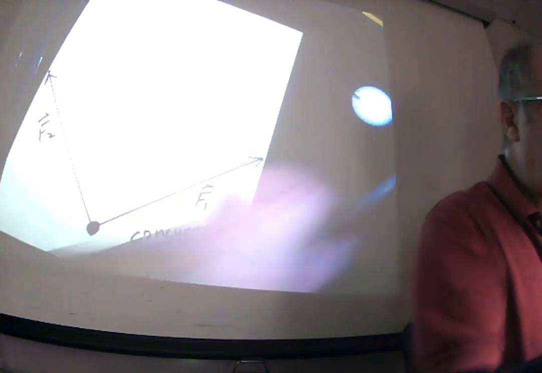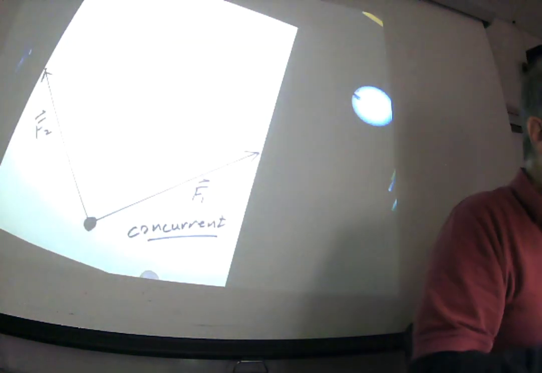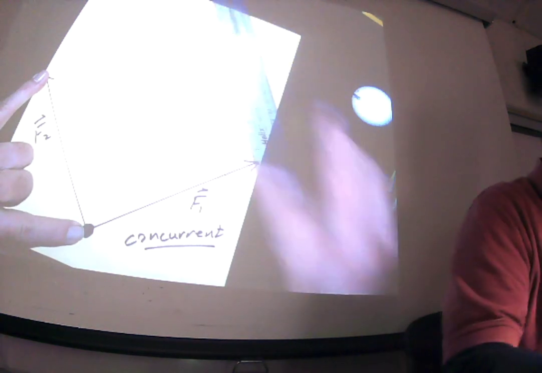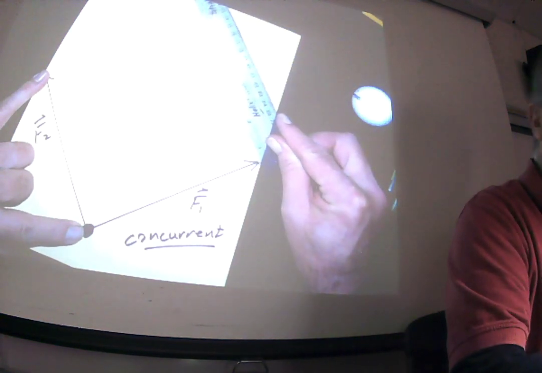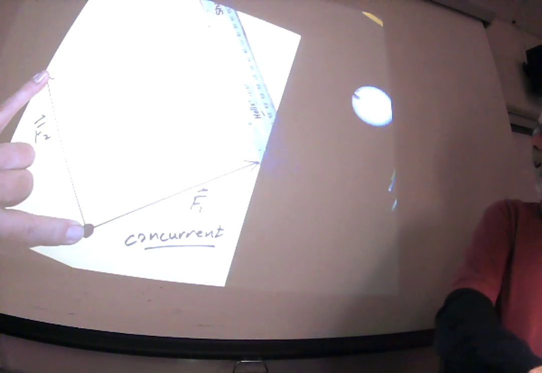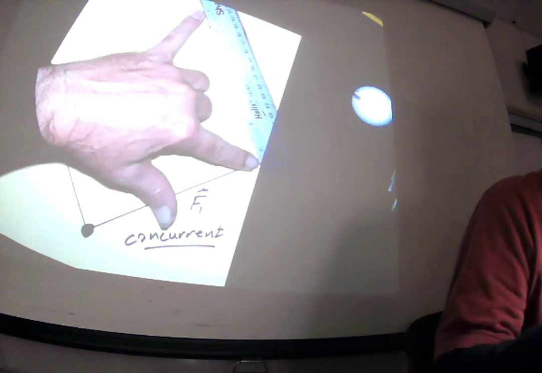All right, so I'm going to take this vector and basically pick it up and set it down here and draw it at the same length in the same direction. So I'm going to get the same direction by laying my ruler down and trying to get it about the same. Then I'm going to make it the same length, and that's going to end up about right there.